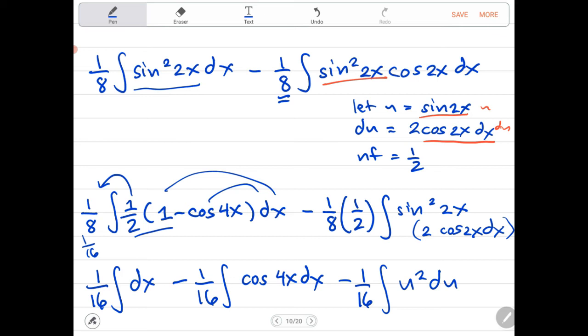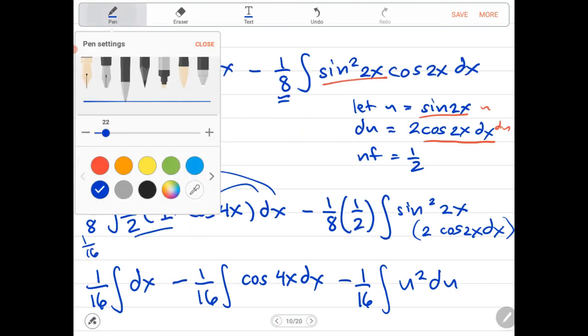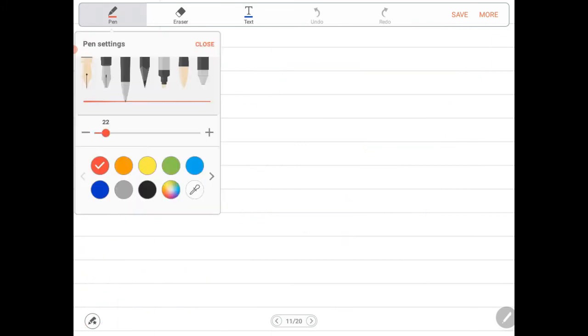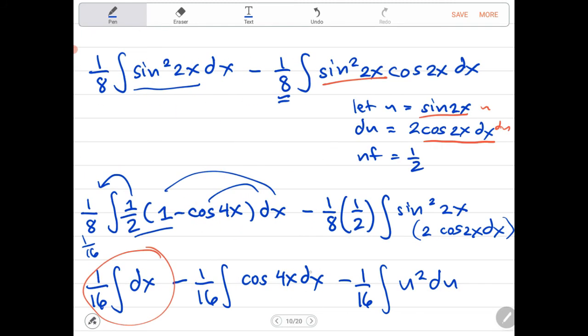This is the most enjoyable part of all, where we get the final answer. So what is the integral of the first term? This one. That is x over 16. About this one, u is 4x, du is 4dx, and the neutralizing factor is 1/4.